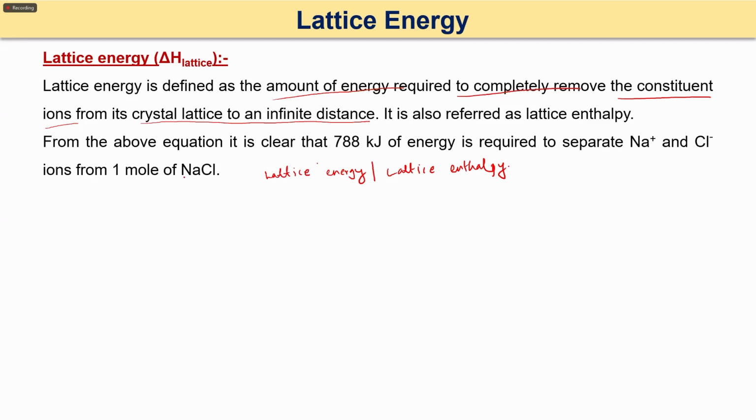From the above equation, it is clear that 788 kilojoule of energy is required to separate Na plus and Cl minus ions from 1 mole of sodium chloride.